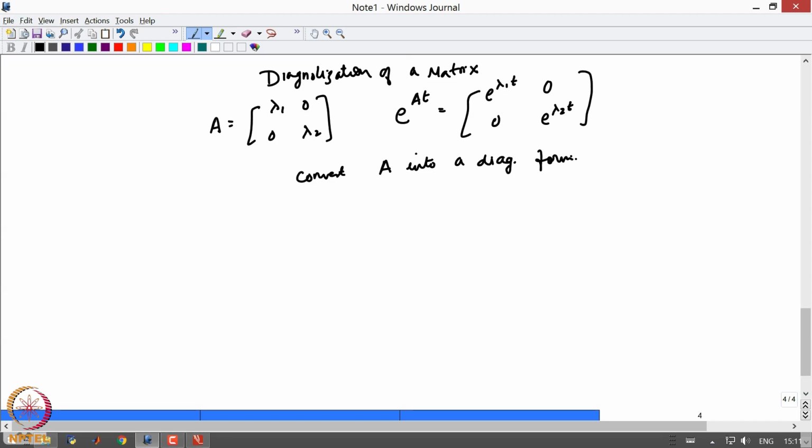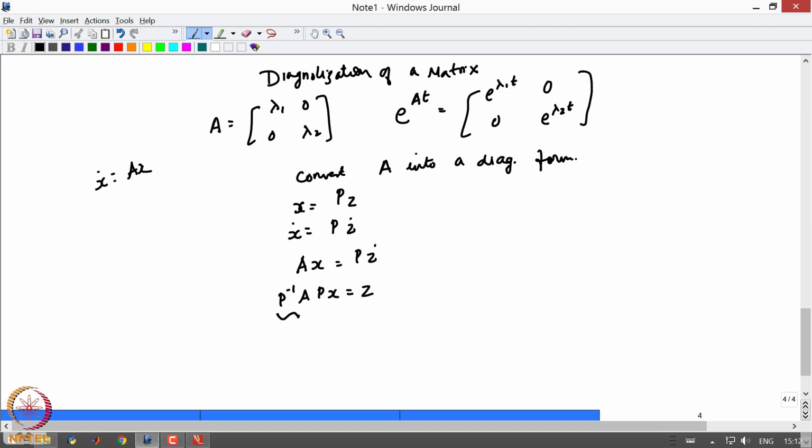Okay. Now, let us say I can convert, say x equal to P times z. So, x dot is A x, P z dot is A times x, I just do P inverse A P times x is z dot.